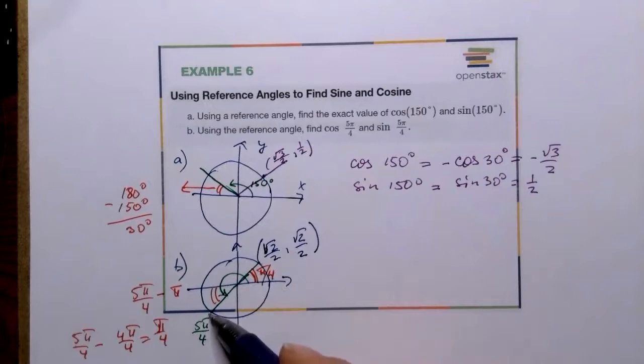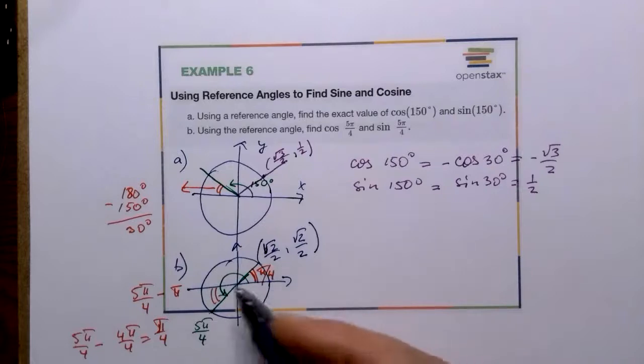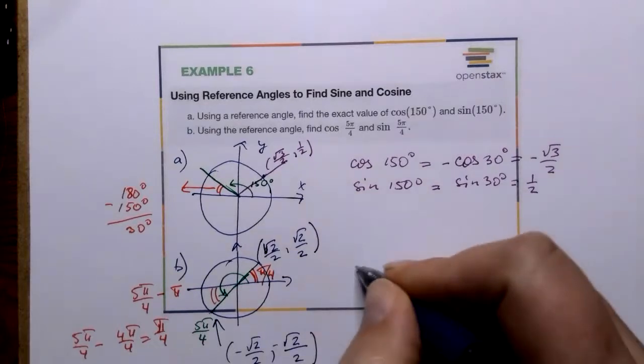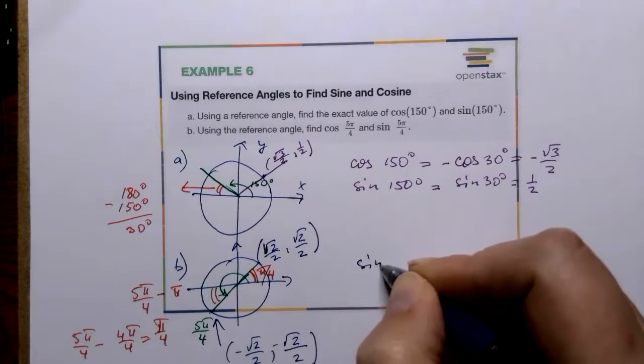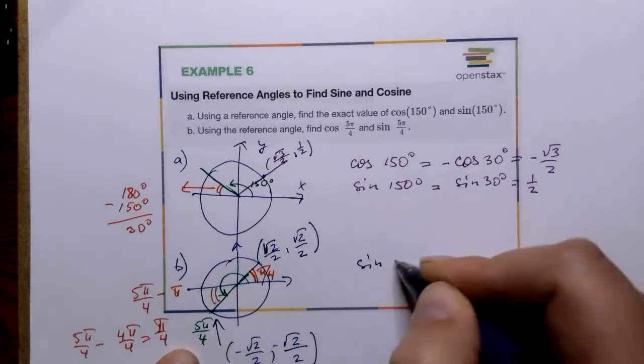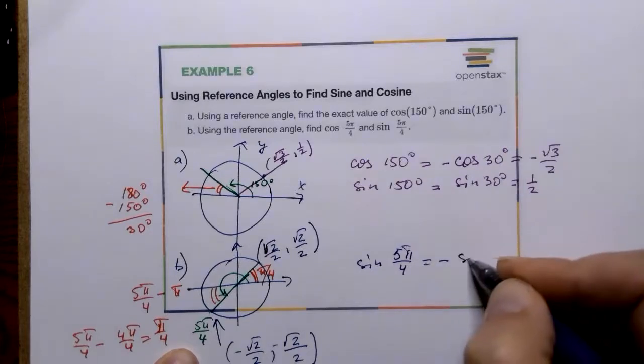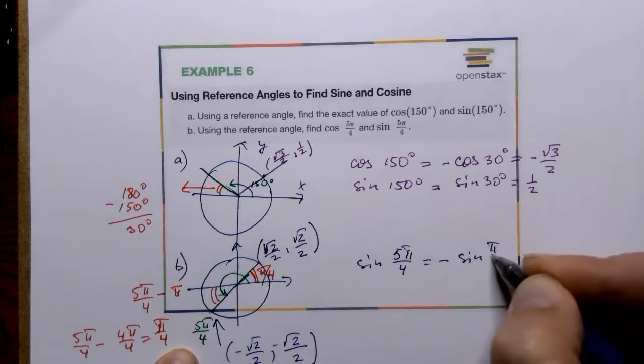In the third quadrant, both x and y are negative, so these will change. I'm going to write here a negative square root of 2 over 2 and a negative square root of 2 over 2 again. So the sine of 5 pi over 4 is going to be the opposite, or negative, sine of just pi over 4.